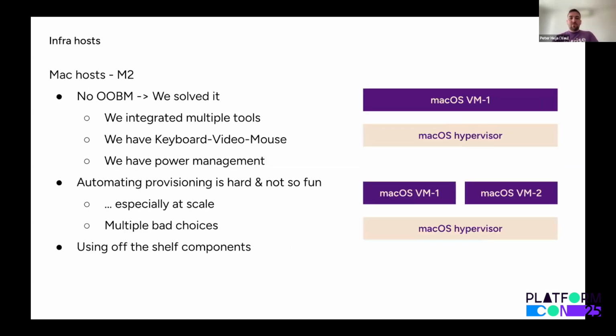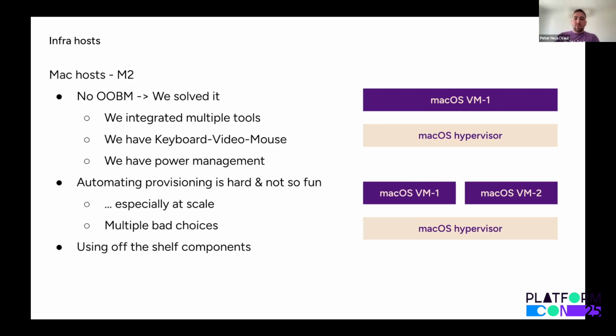But Linux is easy. Where it gets more complicated is iOS and macOS CI/CD. With M2, this is where we started our on-prem adventure. With M2, you don't have out-of-band management, and you have to do something because otherwise it's going to get very expensive with the remote hands and just basically having nodes that are down.